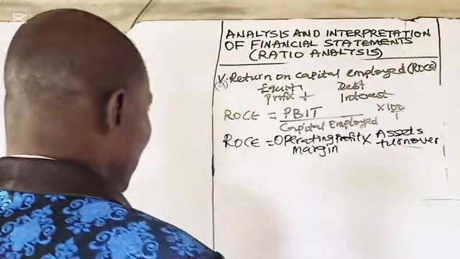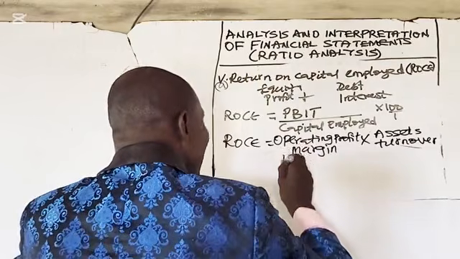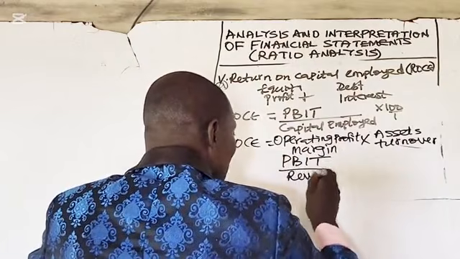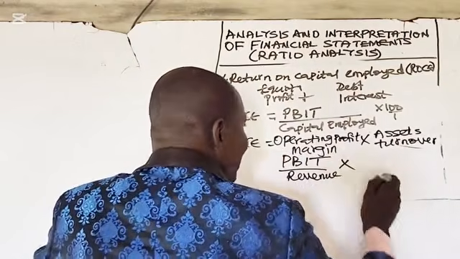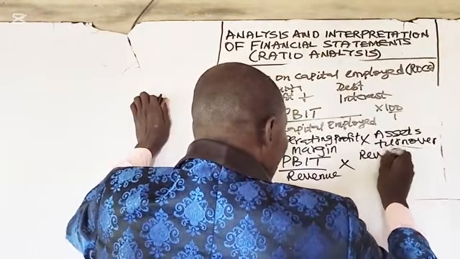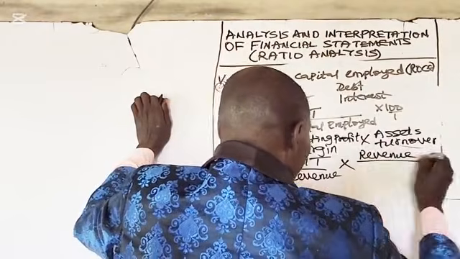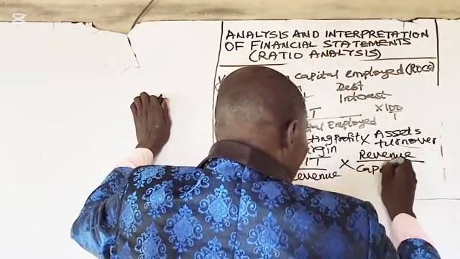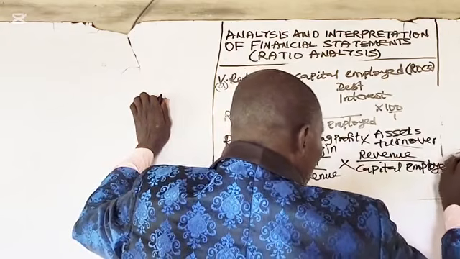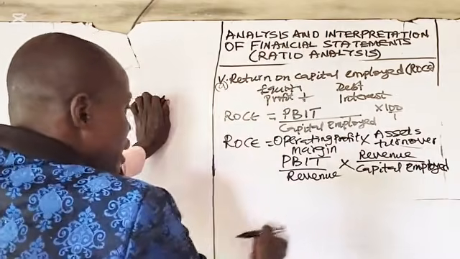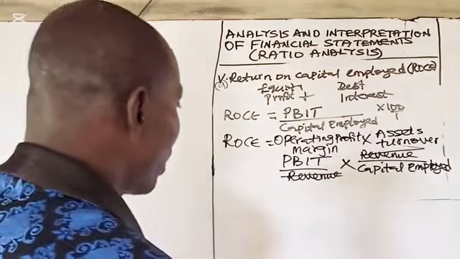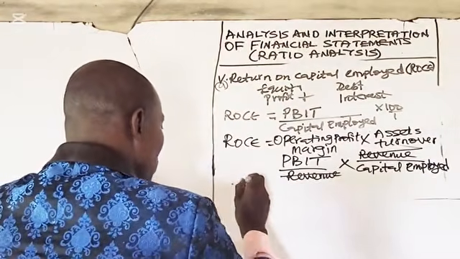What is operating profit margin? I've told you that operating profit margin is profit before interest and tax over revenue. Times, what is asset turnover? Asset turnover is revenue over capital employed. You see, we have revenue here and revenue here. Revenue cancels revenue, therefore we'll be left with what?